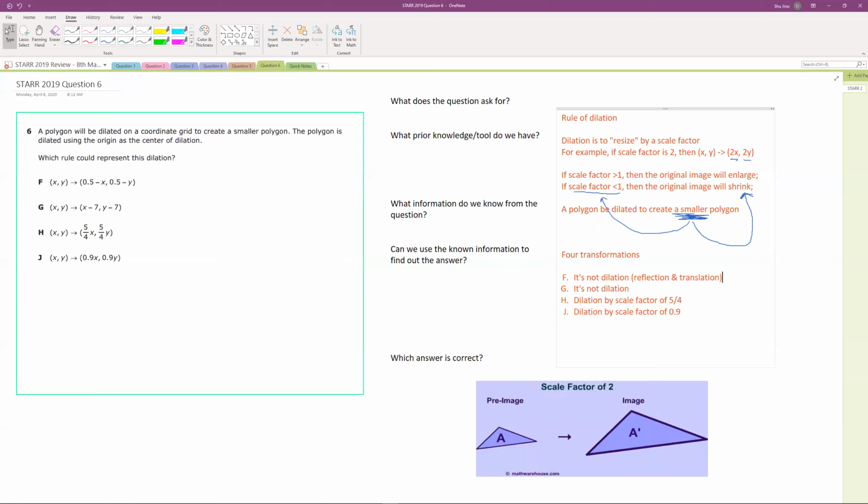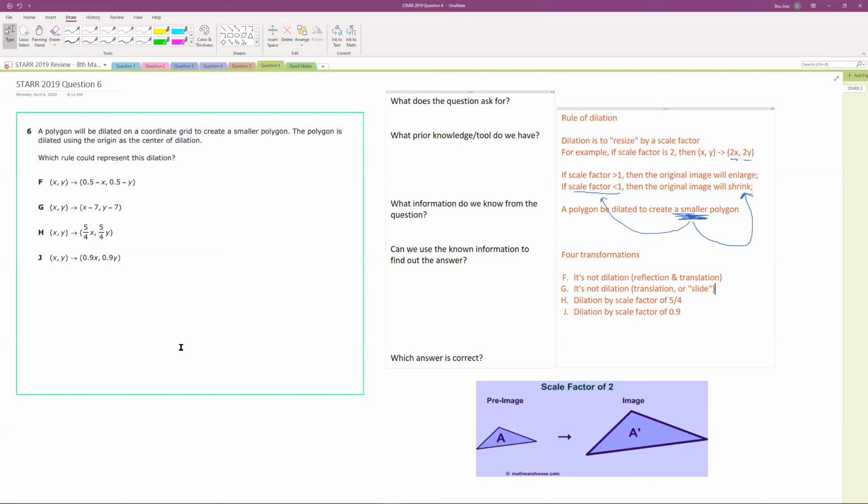So it's reflection and translation, but it is not dilation. Option G, x, y become x minus 7 and y minus 7. Again, this is not a dilation. We say dilation, you have to multiply by the same scale factor, but here it's not multiplying by the same scale factor. It's a translation or slide.